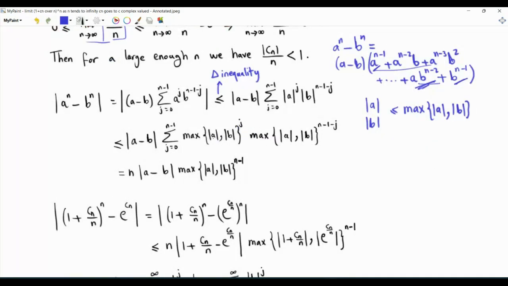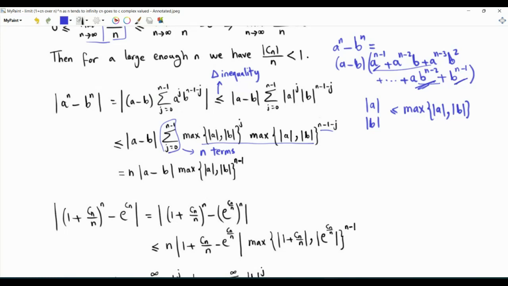And then this maximum and this maximum can be combined. The power here is j, the power here is n minus 1 minus j. So this is upper bounded by the maximum of the magnitude of A and the magnitude of B, raised to the power n minus 1. And then we multiply by the number of terms in this sum, which is a summation with n terms.